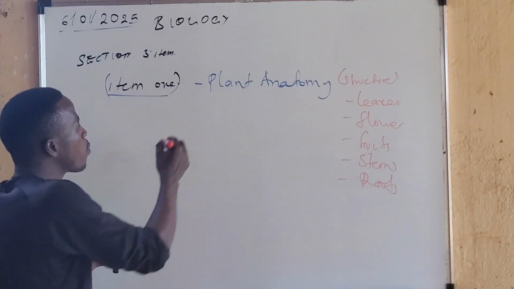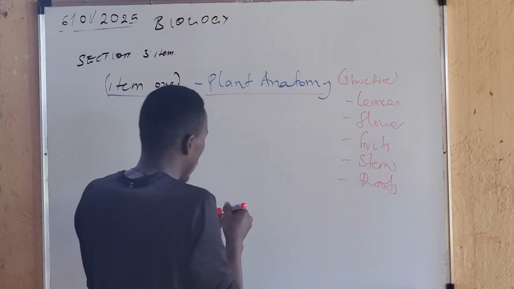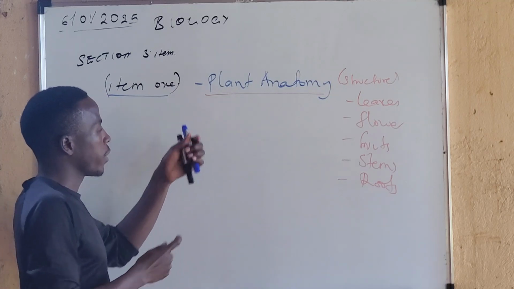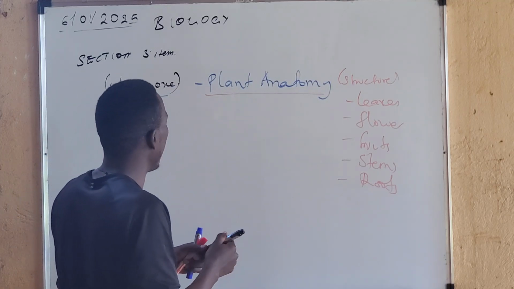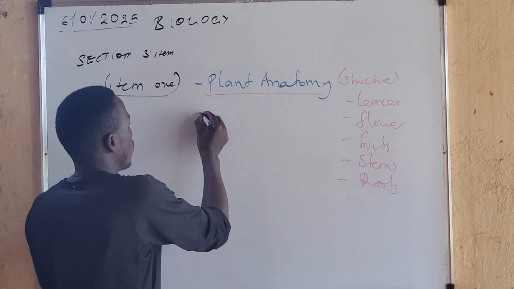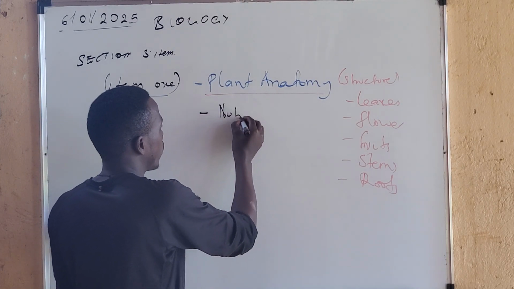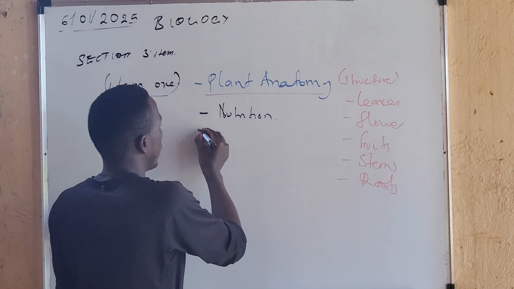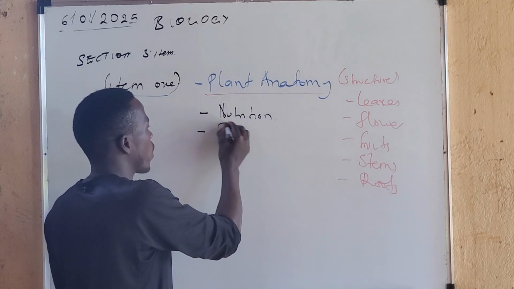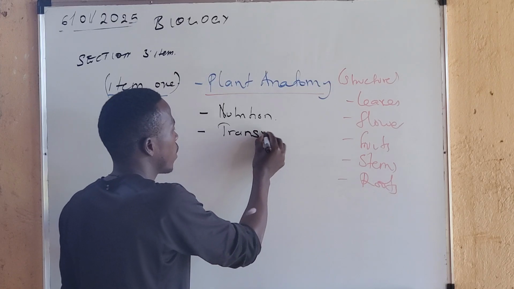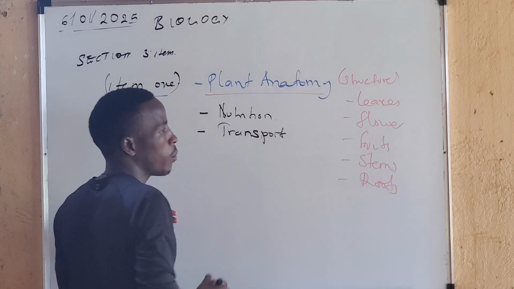Now, we have a group of topics coming along with item number 1. One of the topics is nutrition. Number 2, we have transport in plants.